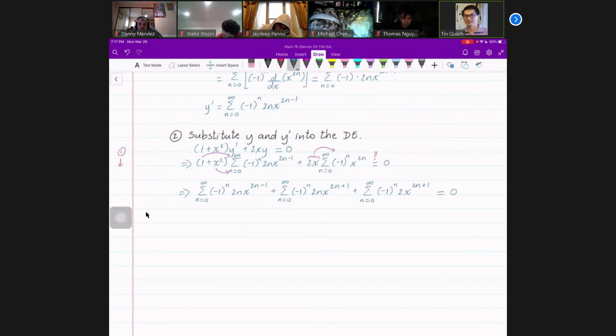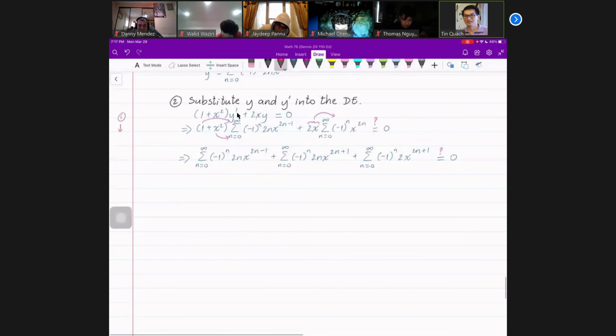Okay. Now, in order for us to combine those three series together, we need to convert the powers. How do you know which power to use? You have this, this, and this.